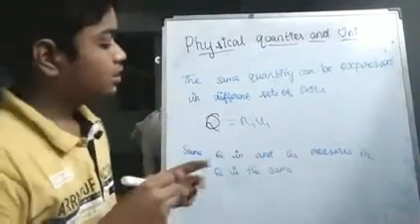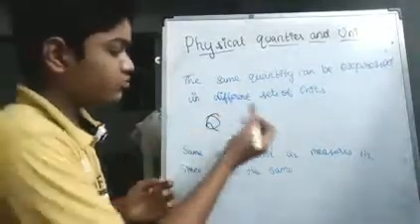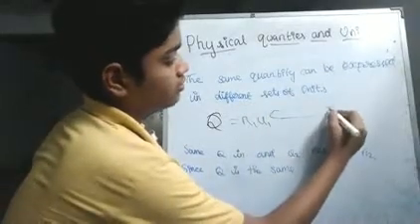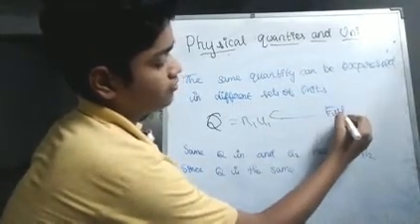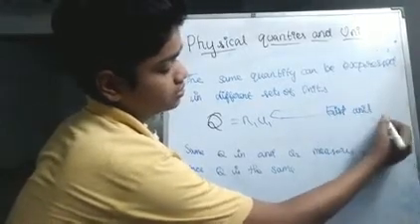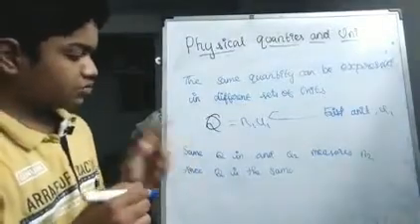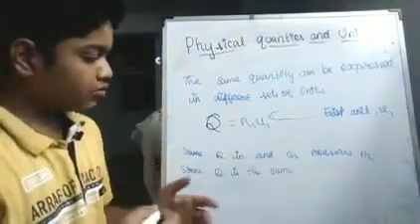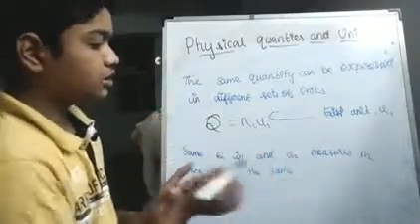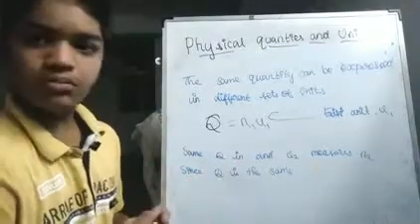It means N1 is the first magnitude and U1 is the first unit, such as meter. Now the Q is the same and U2 measures N2, since Q is the same.